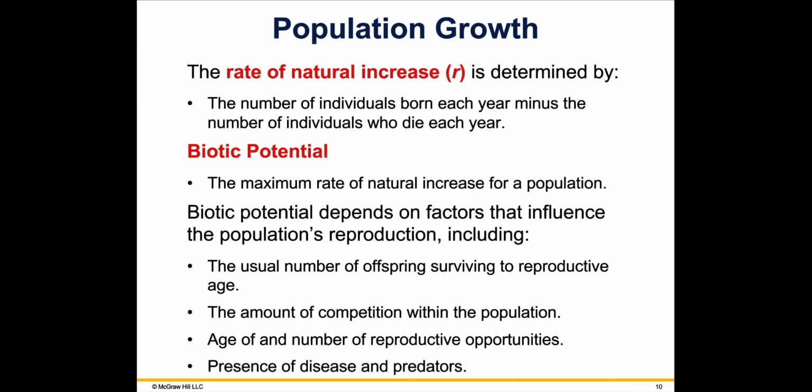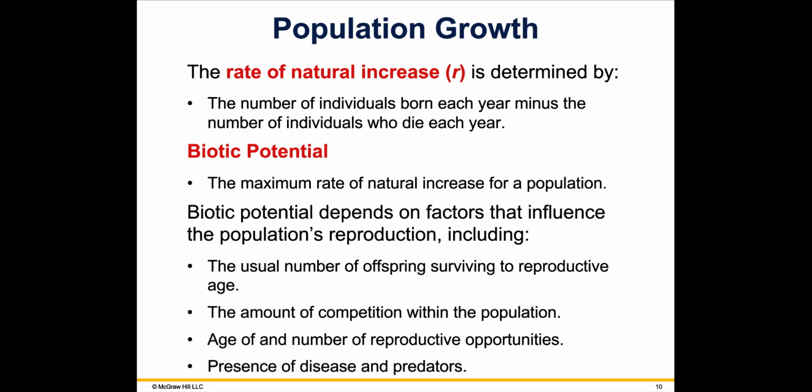There is also something called the biotic potential. This is the maximum rate of increase for a population. So it can't go beyond that natural rate of increase. But it depends on quite a few things.